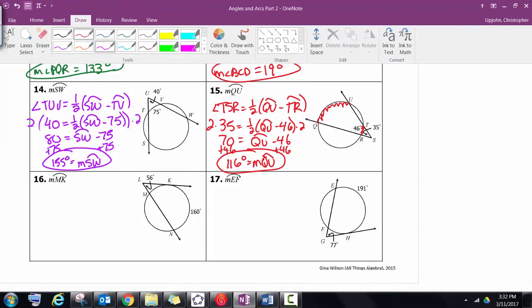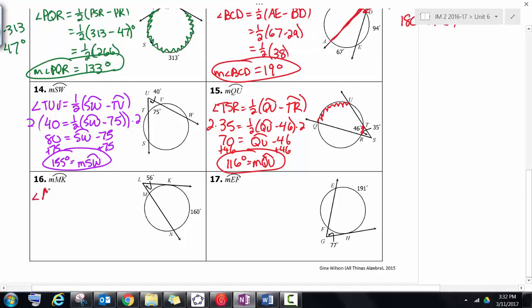Same type of thing, but more practice is always good. So angle MLK is equal to 1/2 of arc KM minus the arc KM. We know the angle. We know the bigger arc this time, but we don't know the little arc.